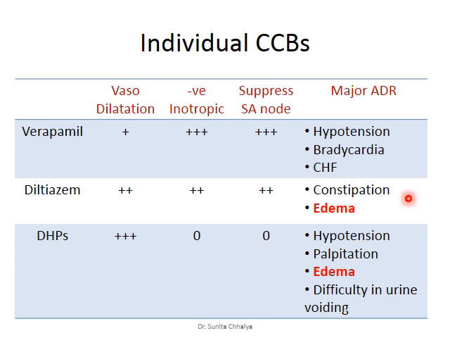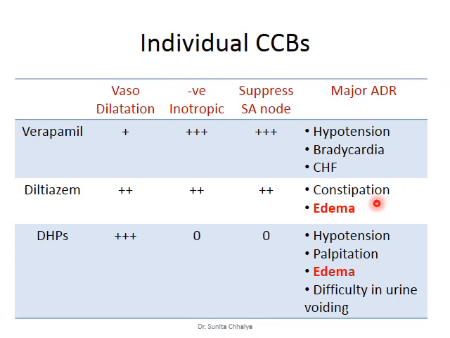Regarding their adverse drug reactions, verapamil, having some action on the vascular smooth muscle, produces vasodilatation, so it has a hypotensive effect, and also causes bradycardia as well as congestive heart failure. Diltiazem also relaxes the GI smooth muscle and produces a constipation-like effect.